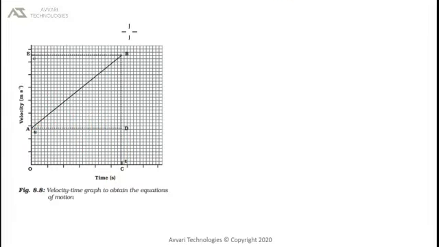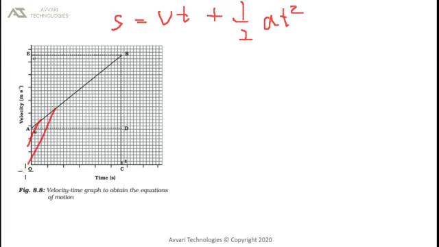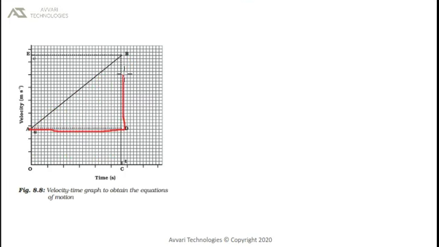Now let us prove S is equal to ut plus half at square. So the area under this graph is a combination of two parts. Area of this triangle plus area of this rectangle.